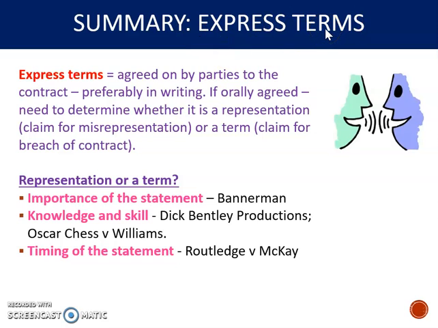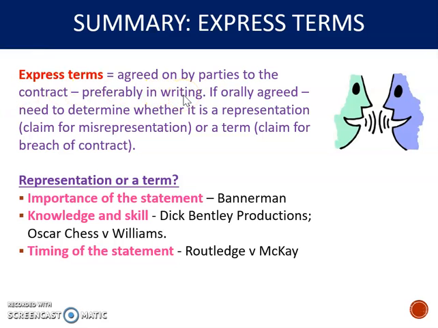But remember, for the topic of contract terms, you need to know about express terms, implied terms, and also exclusion clauses. For our quick recap, let's have a look at a definition of express terms. Express terms are the terms that are agreed on by the parties to the contract, preferably in writing.